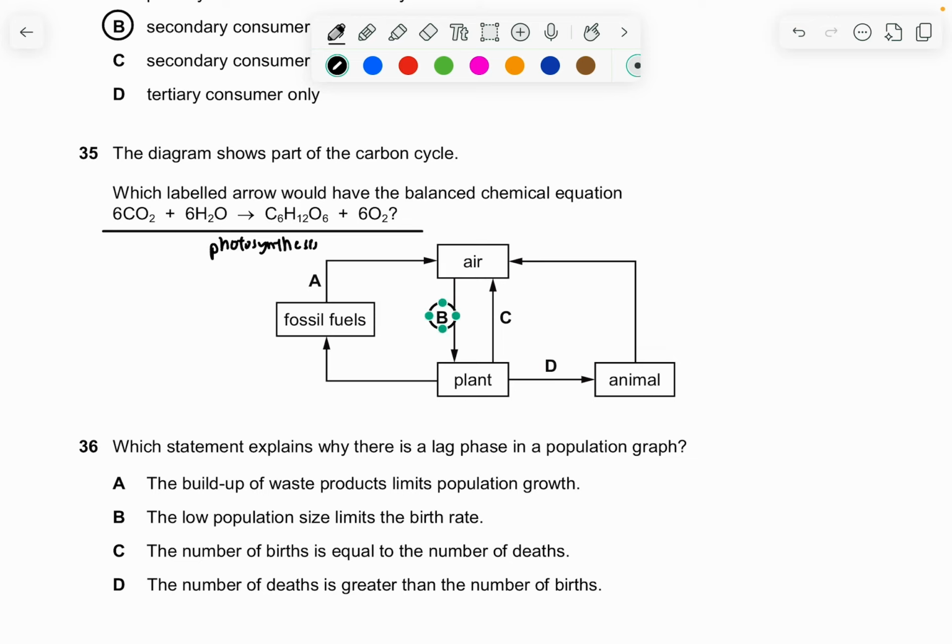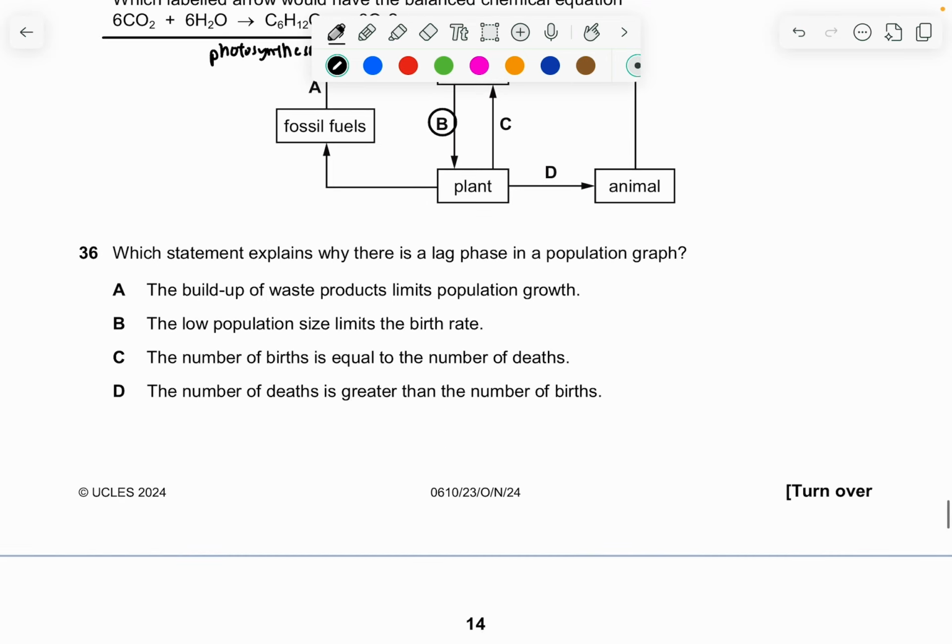Because the air will have the carbon dioxide, remember that CO2 will go to the air already. So all the CO2 will be accumulating in the air, and then in order for this equation to work, the plant has to take up CO2, use its water, and then to produce your glucose and the oxygen.